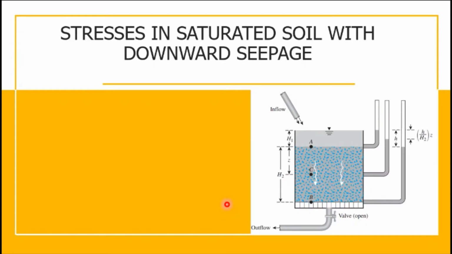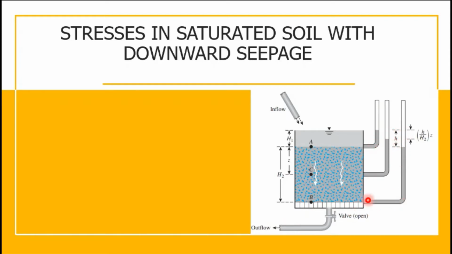How about for the downward seepage? So, in this example, there is an outflow. The water is seeping out and the valve here is open. This means our seepage is also going downward.